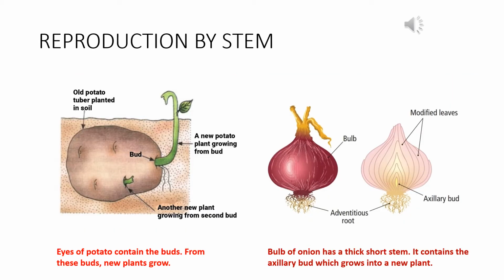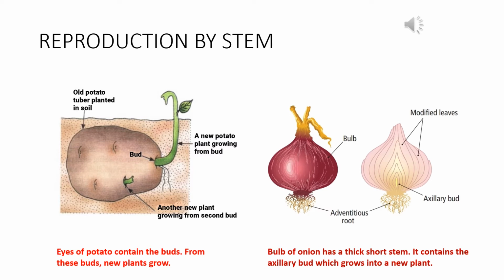Reproduction by stem is also observed in potatoes and onions. In the case of potatoes, we can observe some scar-like portions on the surface of the potato. These are called the eyes of the potato. And these eyes of the potato contain the buds. From these buds, new plants grow.